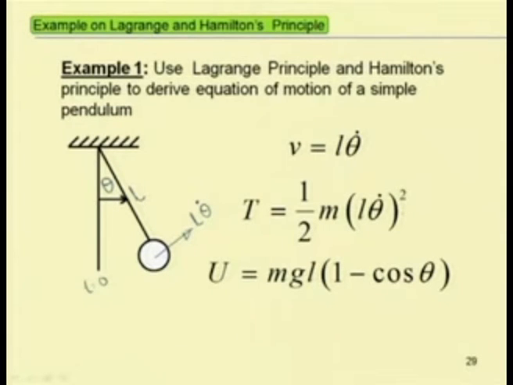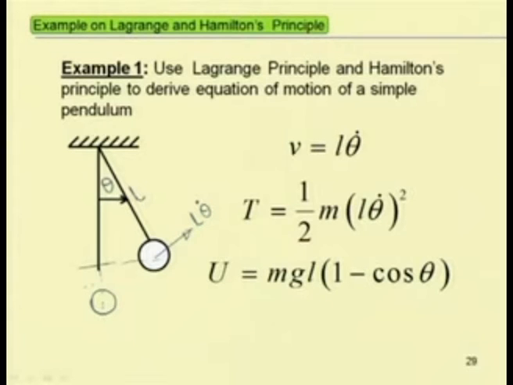And for potential energy, taking this as the reference, the potential energy is the change in height into mass and into g. The change in height: if this length is L, originally the bob was here, and now it has come to this position. So the change in height is this distance, which becomes L minus L cos theta. This portion is L cos theta, and this is L sin theta.